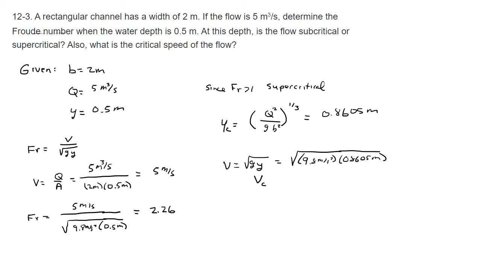So the velocity at the critical depth, we'll put a Vc on that, is equal to 2.91 meters per second.